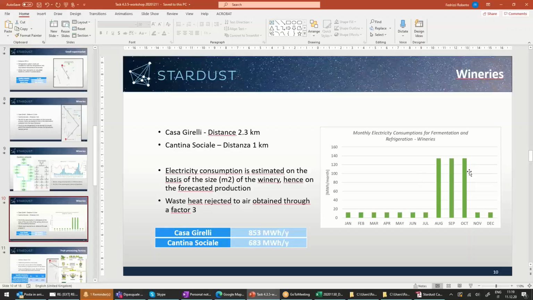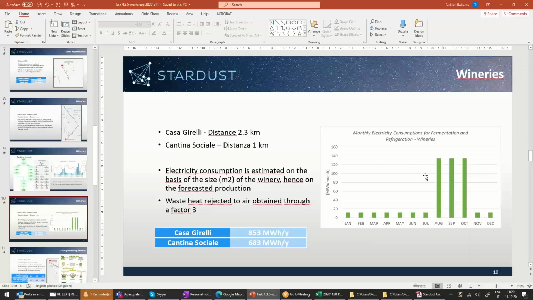And then, without going into many details, we said, okay, August, September, October is more or less the same consumption, while for the rest of the months is much lower consumption. So we concentrated on the use of electricity and waste heat in these 3 months.